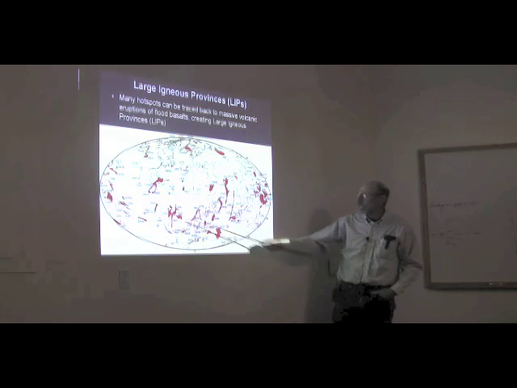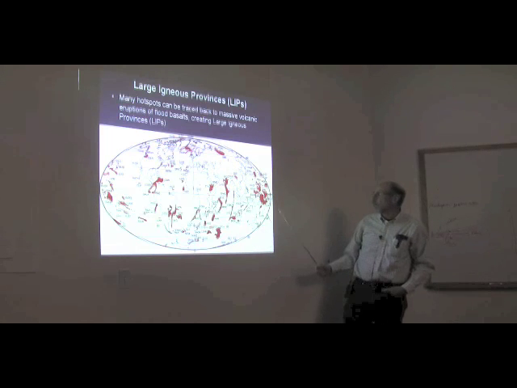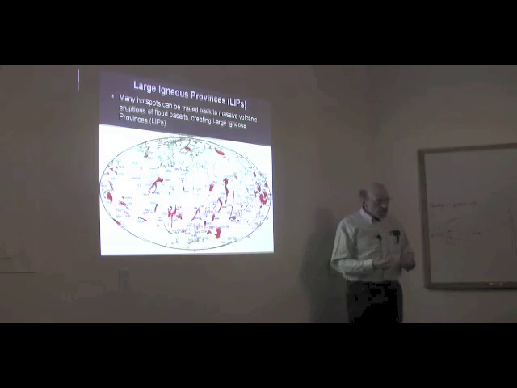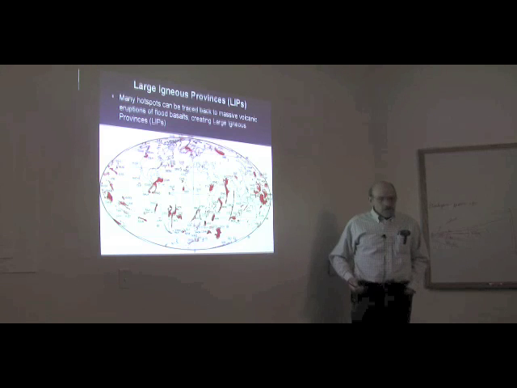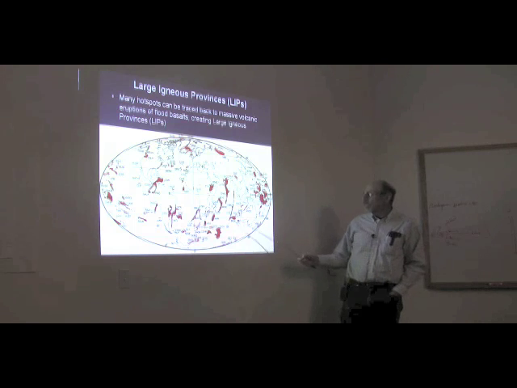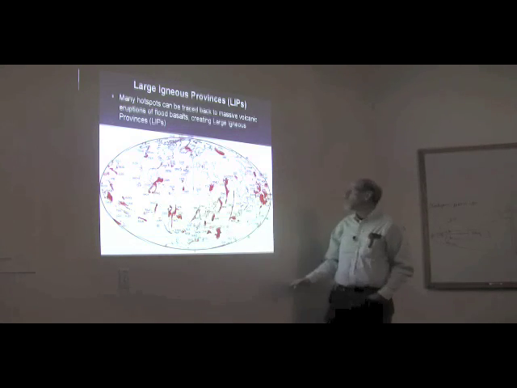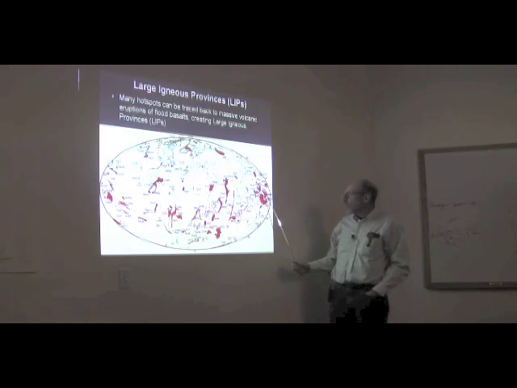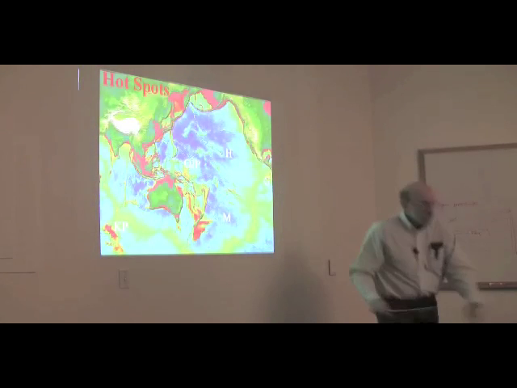I mean, you can see in Africa, South America, there should be some up in Asia, etc. But scattered throughout the Earth are these large igneous provinces that range in age from Mesozoic to recent. So Hawaii is out here. Notice this big blob over here called the Ontong Java Plateau, just off of New Guinea. I'll focus on that as an example.